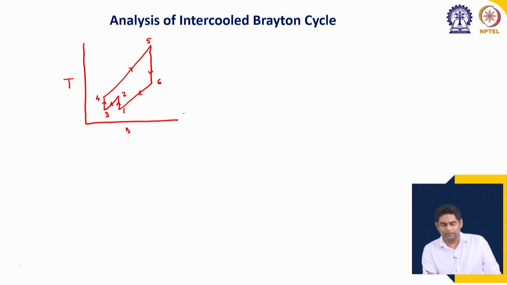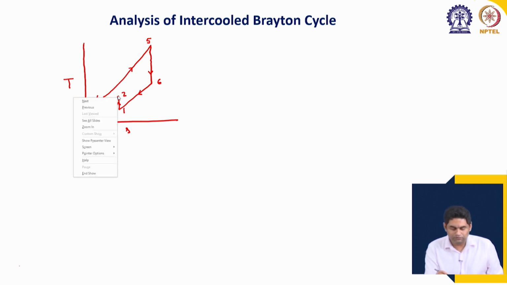So, this is our TS diagram, and here the intercooling is the process going from 2 to 3.